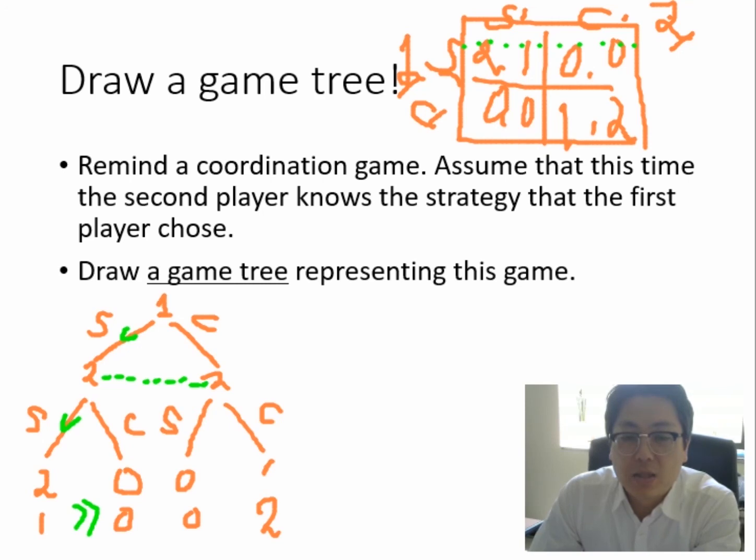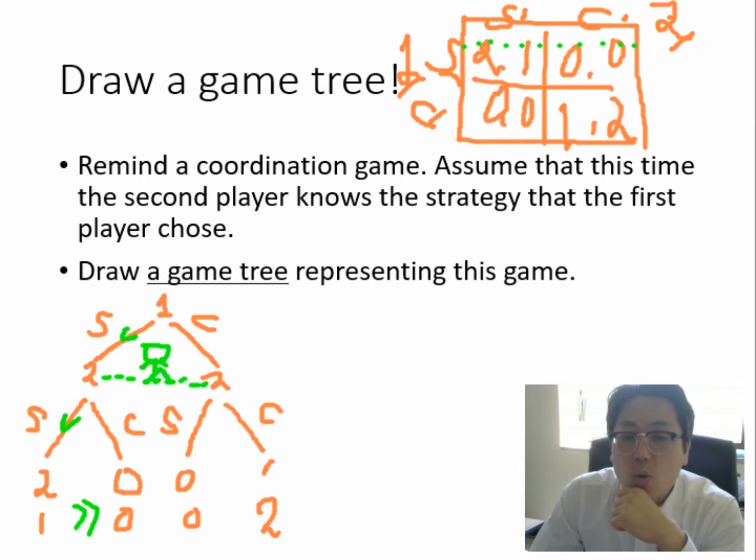If I put these two nodes in the same information set, what it means is that even though the first player chooses S or C, the second player cannot know where the second player is standing.